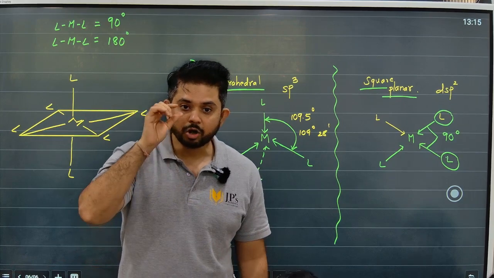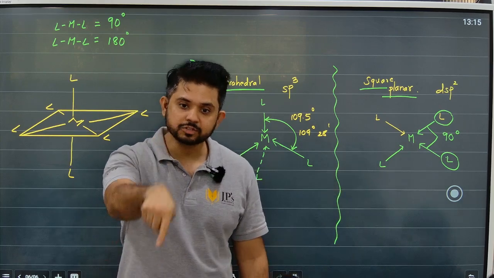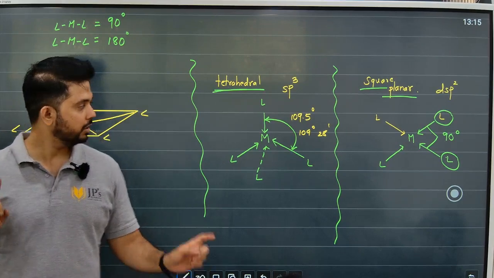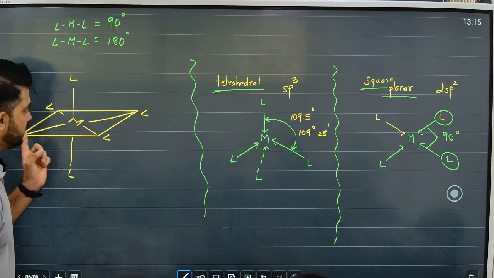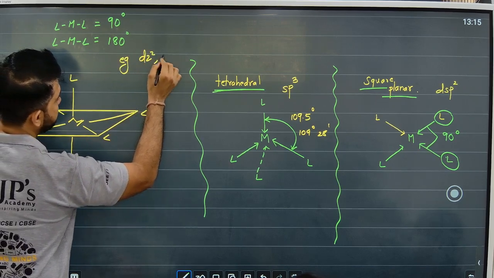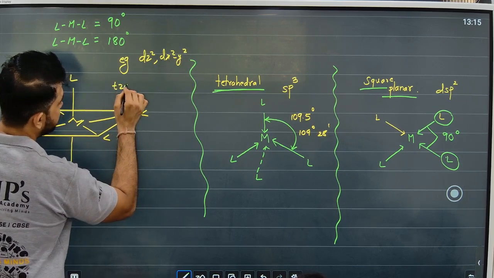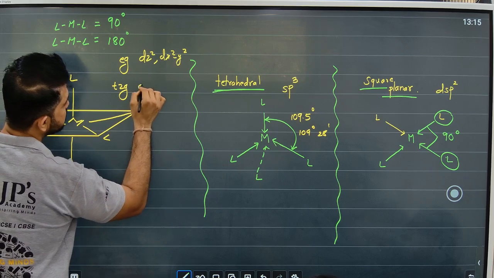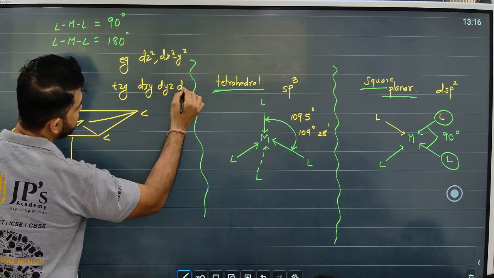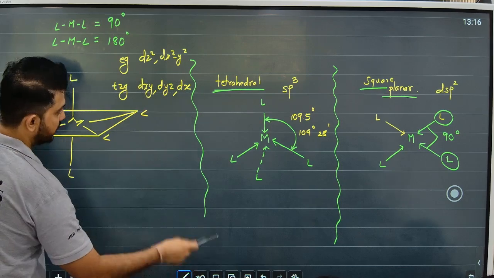So the orbital with the lowest energy here is dz square. In octahedral, Eg का energy सबसे ज़्यादा था, and Eg was dz square and d x square minus y square, and here it was T2G. T2G में कौन कौन थे? dxy, dyz and dxz. Tetrahedral उल्टा.